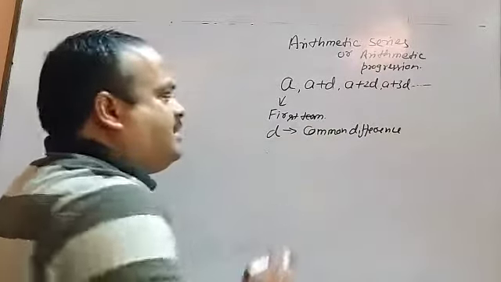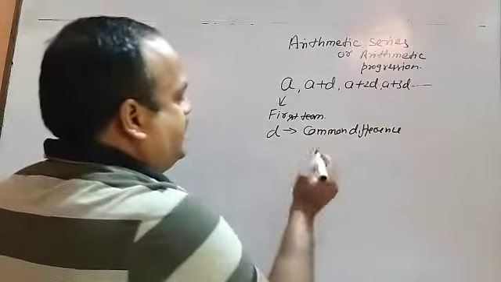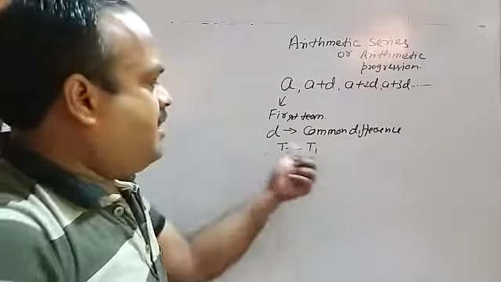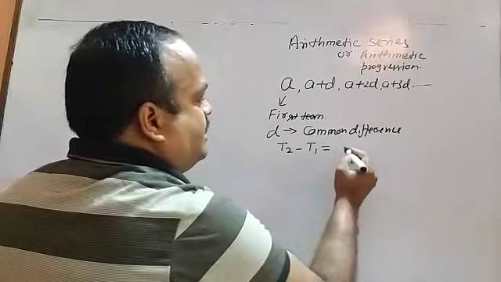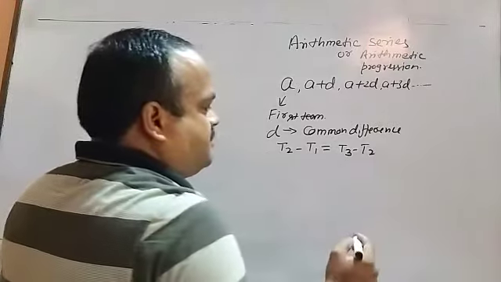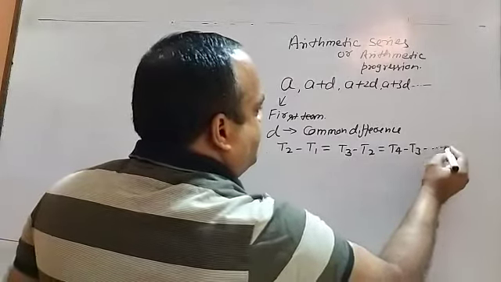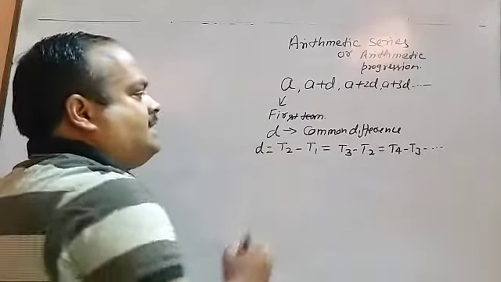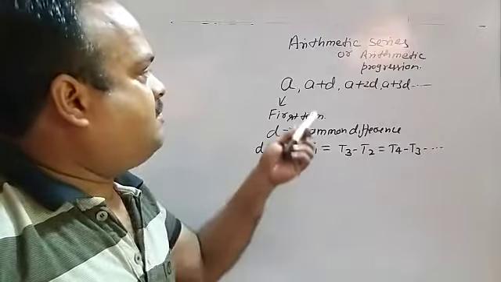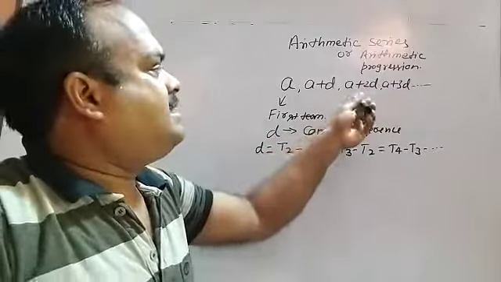And this common difference d we can find out by subtracting the first term from the second term, or the second term from the third term, or the third term from the fourth term, like this. d is the common difference. We can find it by second minus first, third minus second, fourth minus third term.